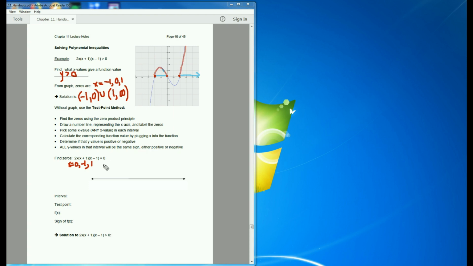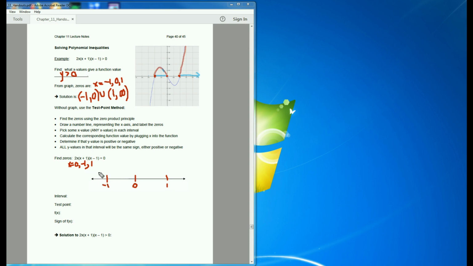Draw a number line, again representing the x-axis, and label the zeros. We've got 3 of them, so let's put 0 right in the middle, -1 here, and +1 up here. So we're essentially just dividing the number line up into intervals.